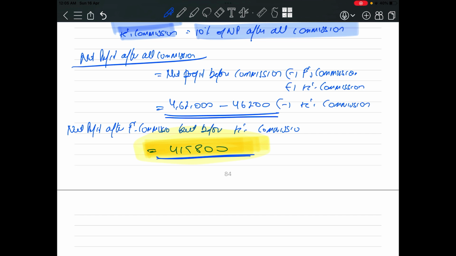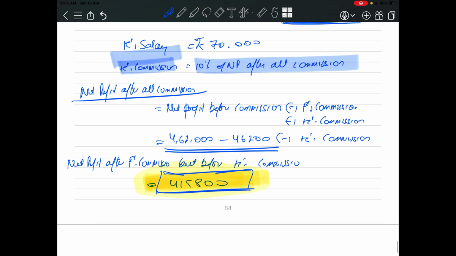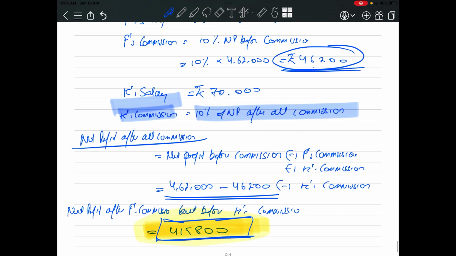Yes, this 415,800 includes the commission of K. The question says K is entitled to 10% of net profit after charging all commission, so we have to calculate that, but we don't know the amount of K's commission.